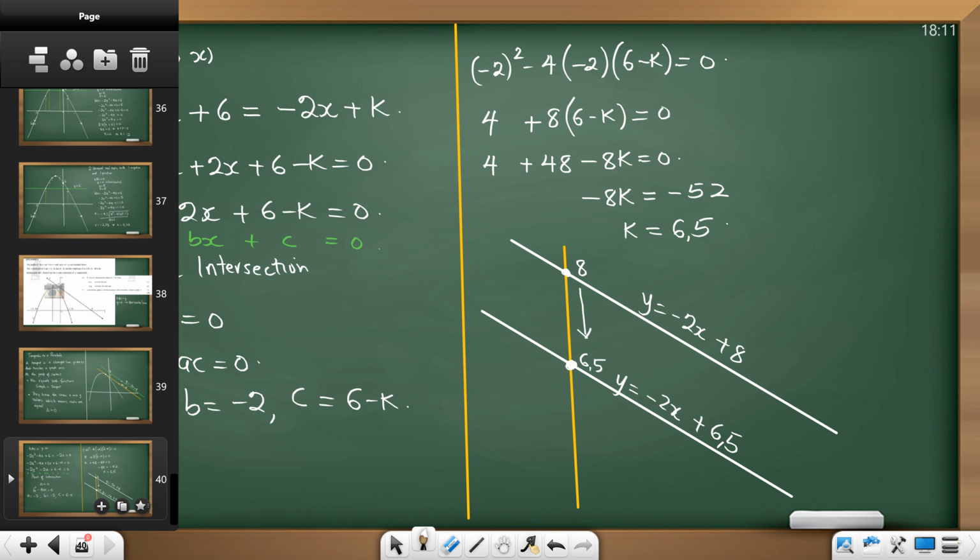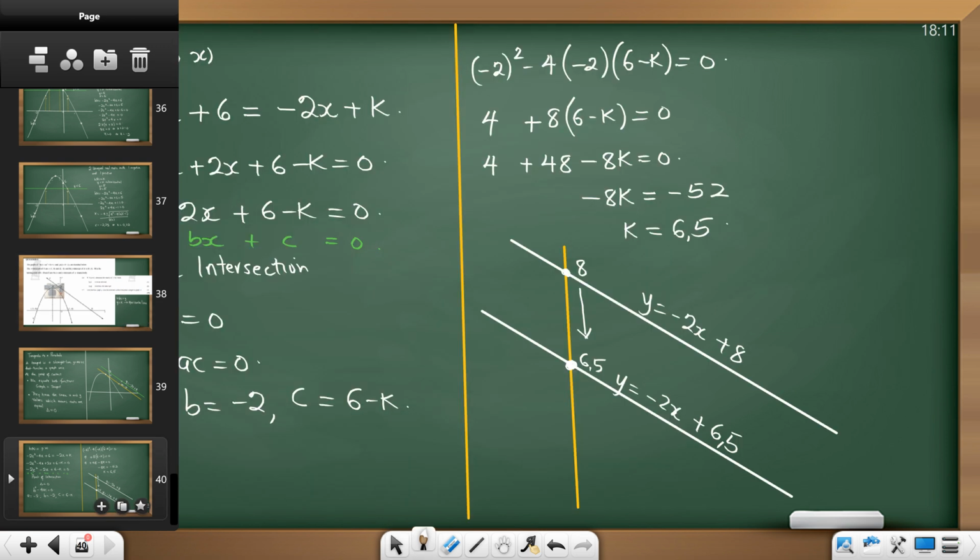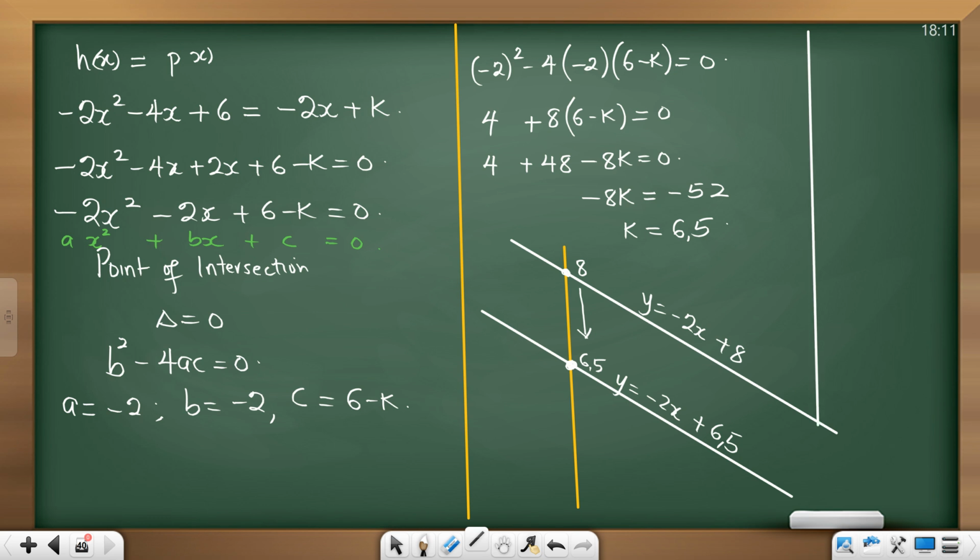Read the question and let's answer it. They said, calculate how graph P must be translated, that is shifted, so that it becomes a tangent. It must be shifted 1.5 units downwards. So can you write P of x minus 1.5, or you can use words.